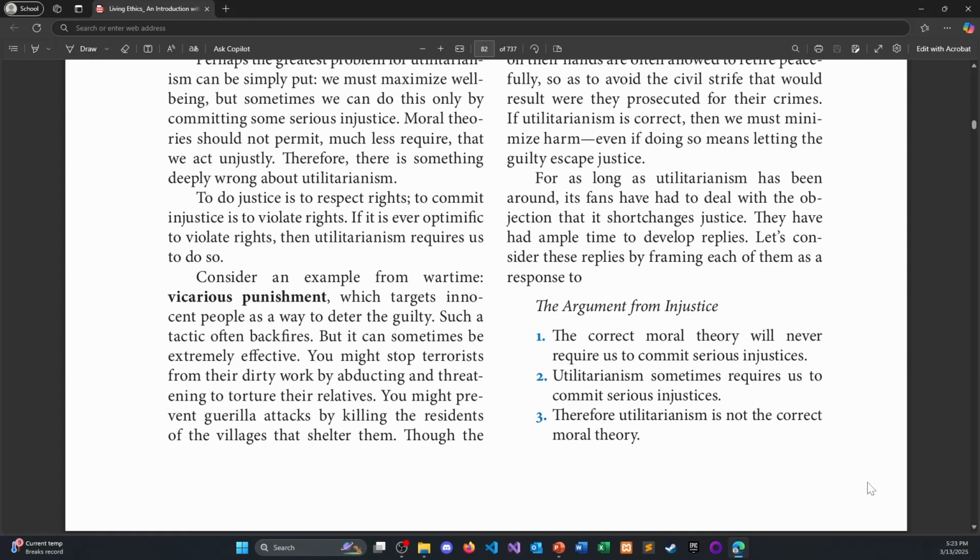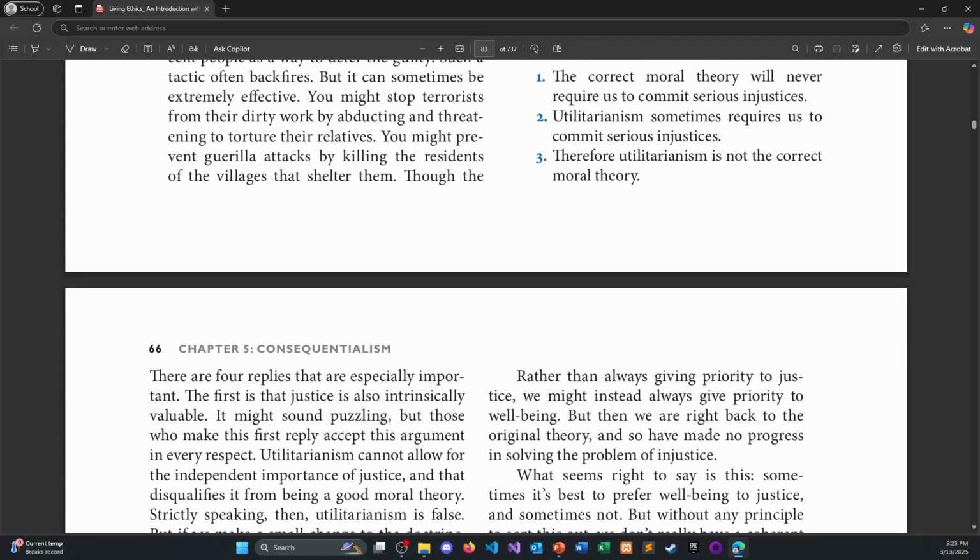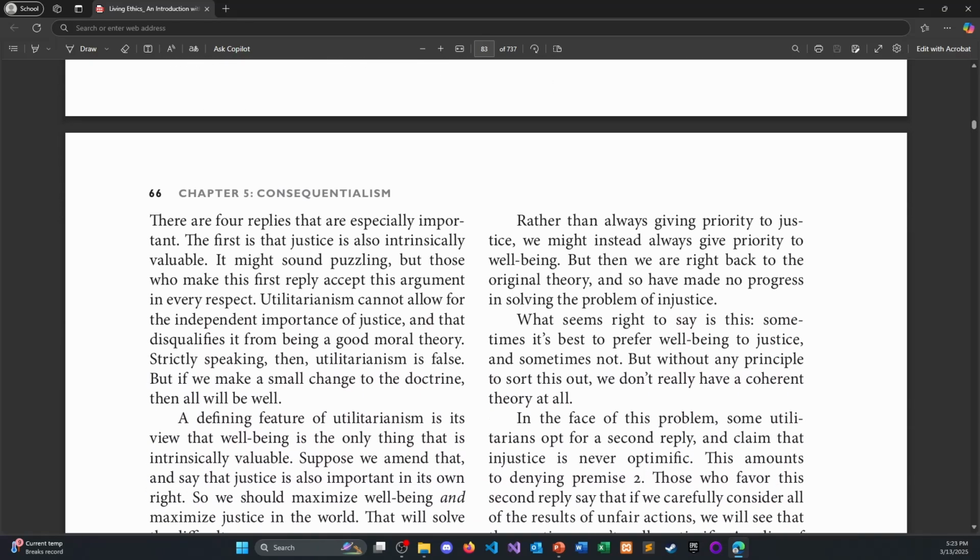In order to generate replies to that argument, you would want to do a similar process with the premises. What could be a counterexample to these premises? And on and on. That can go for many layers, right? You can have premises, replies to the premises, replies to the replies to the premises, and the chain of arguments goes on like that.